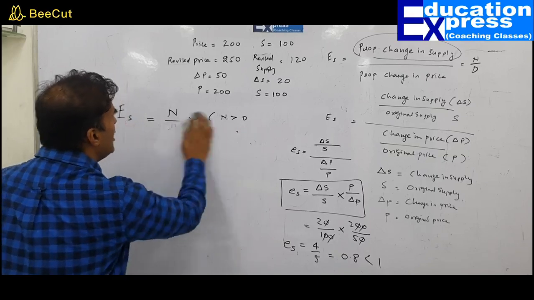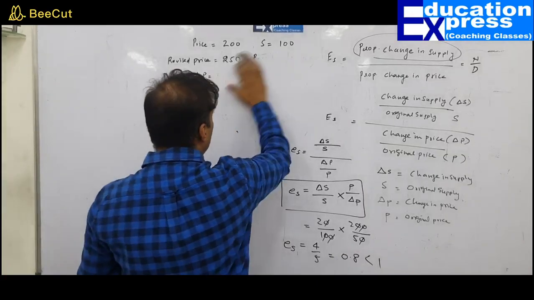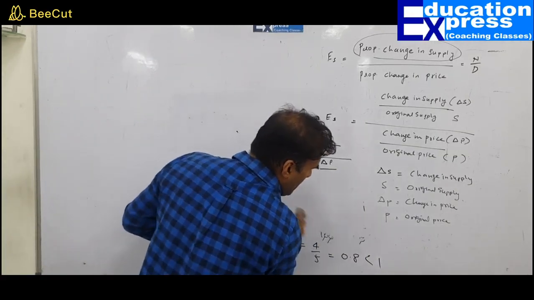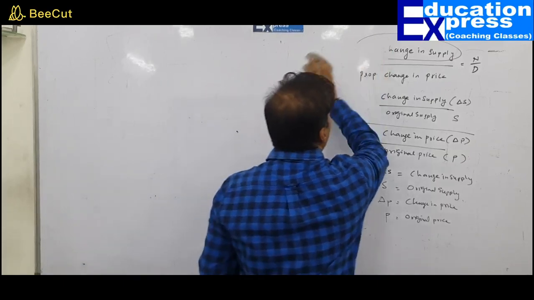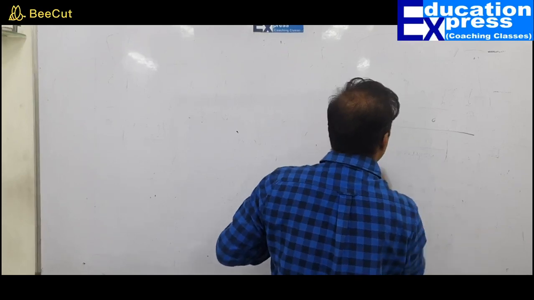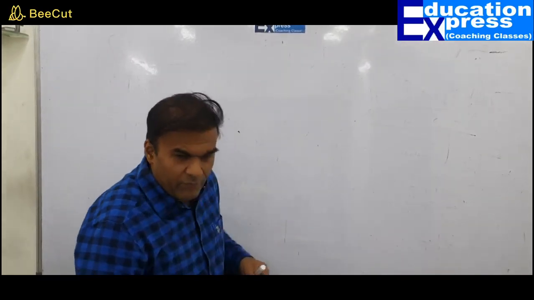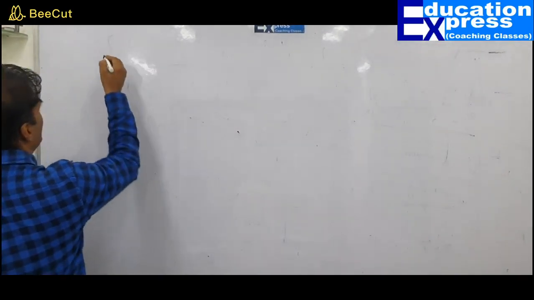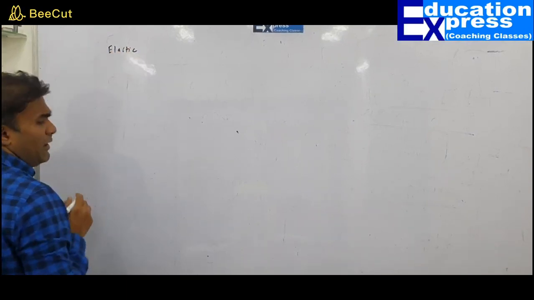Now let us understand the same thing with the help of diagrams also. As far as elasticity of supply goes, it can be broadly divided into 5 aspects. For example, when I use the word elastic, what does that mean?